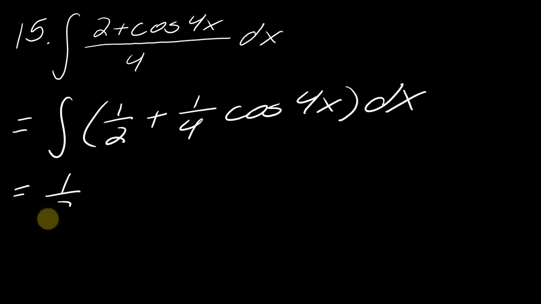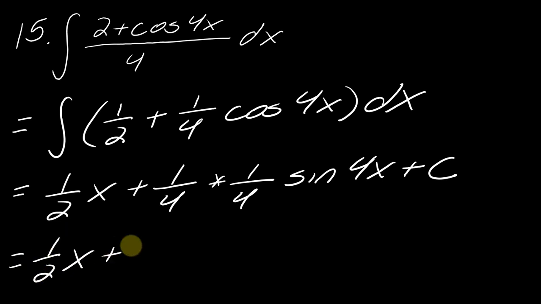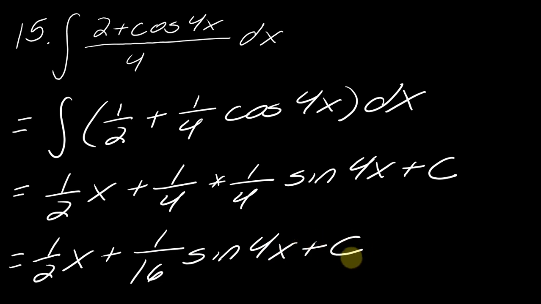So this will be 1/2 x plus 1/4 times 1/4 sine of 4x plus c. And so then my final answer will be 1/2 x plus 1/16 sine of 4x plus c. And so that's just a standard antiderivative formula.